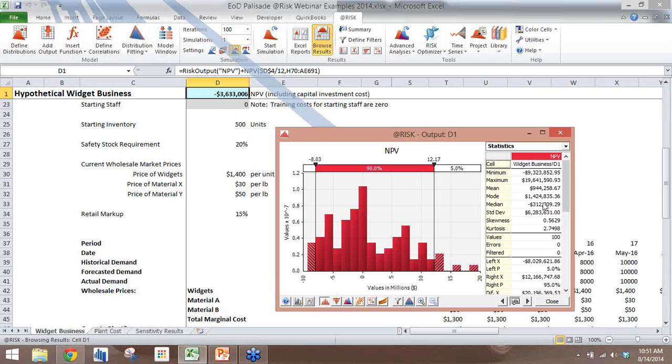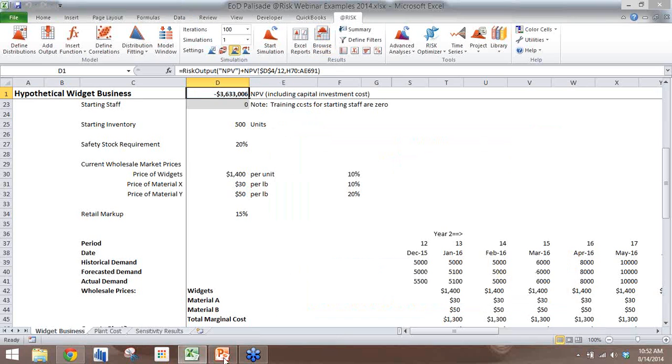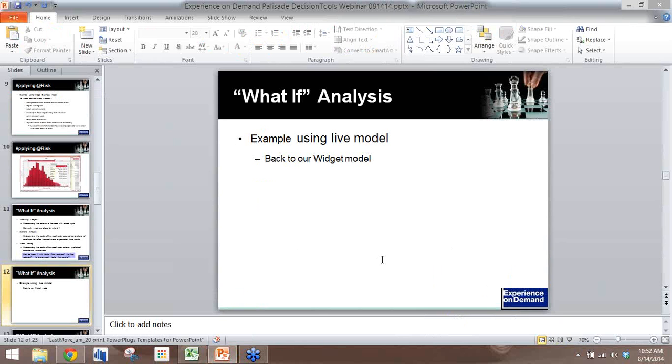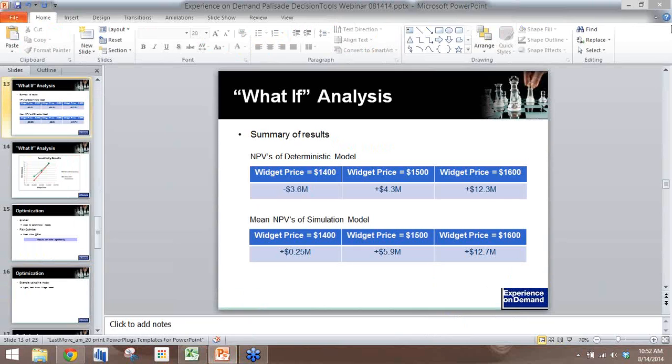In this case, the mean of my distribution of net present value, when you assume a $1,400 per unit widget price, is actually $944,000, which is quite a bit different than the negative $3 million that we had before in the deterministic model. In this particular run, I had 0.9 million.